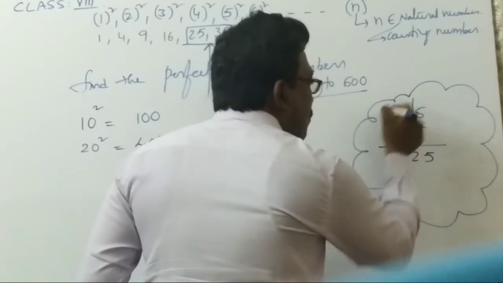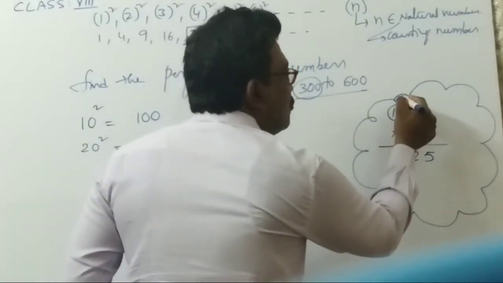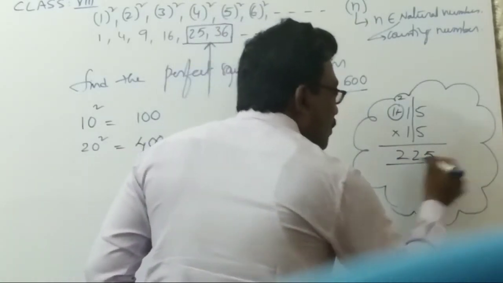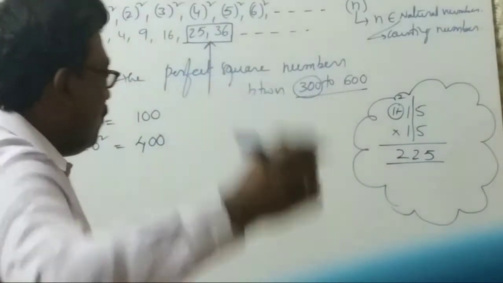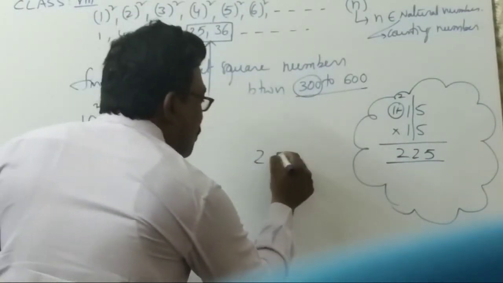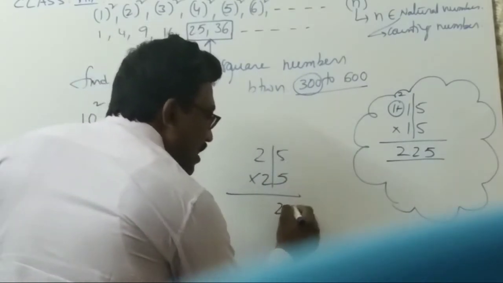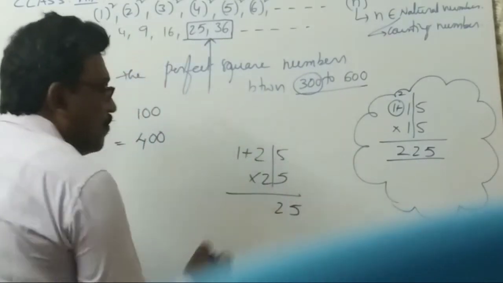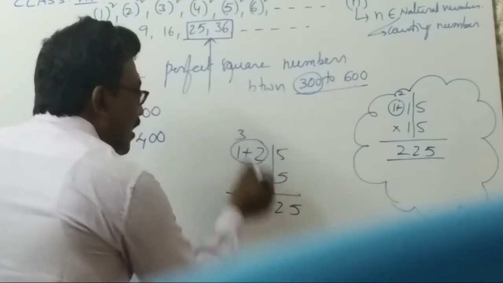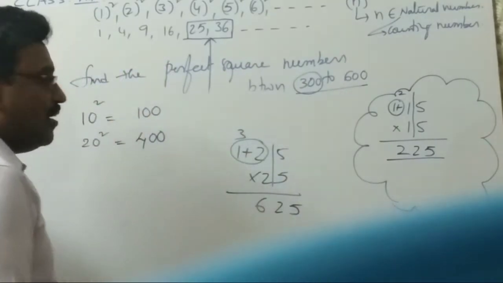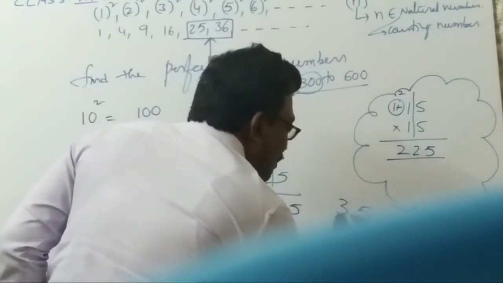Add 1 to the number before, then it becomes 2. 1 2s are 2. 225. If you want to check 25 into 25, 5 5s are 25. Add 1 to the number before, then it is 3. 3 2s are 6, so 625.